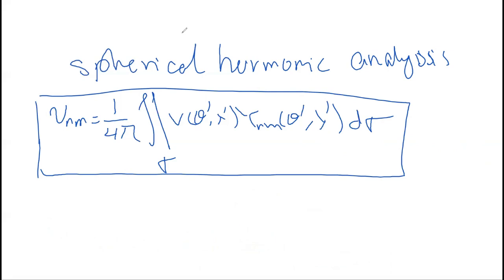So it means that if you have the potential at the surface of a sphere, a full unit sphere, then you can compute the contribution of this potential for this base function, for this frequency, by this integral formula.